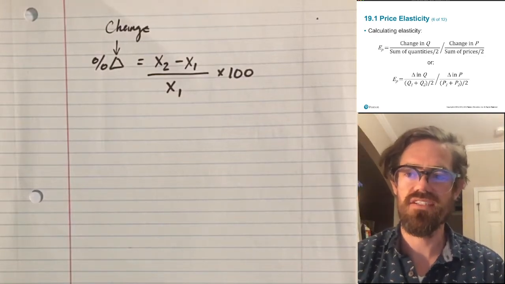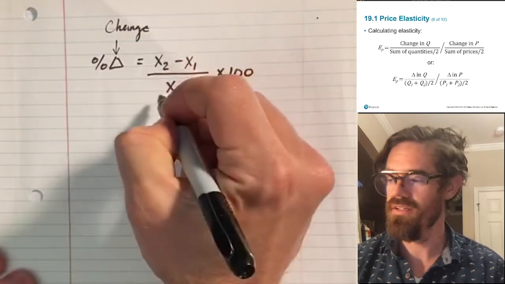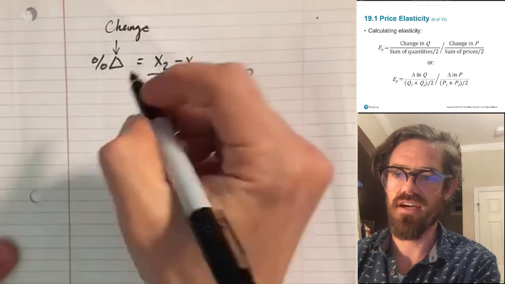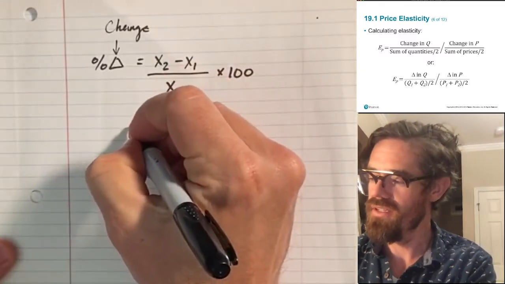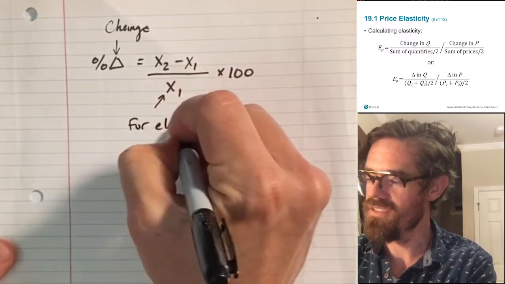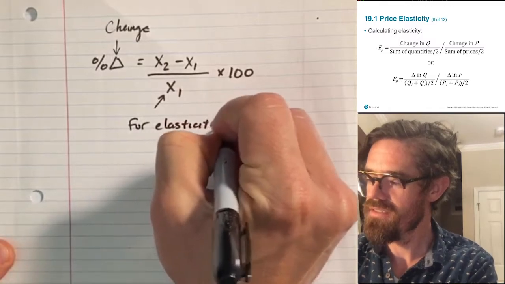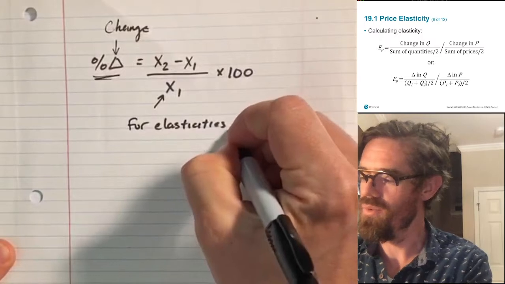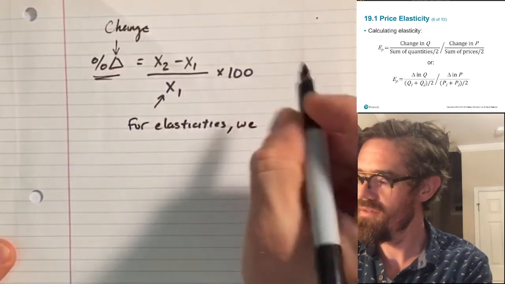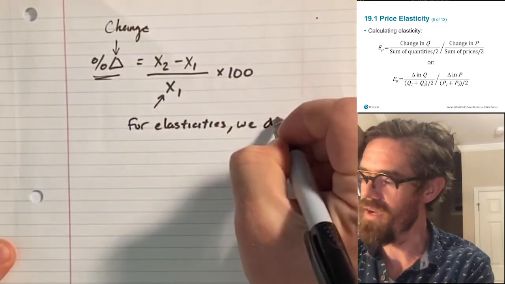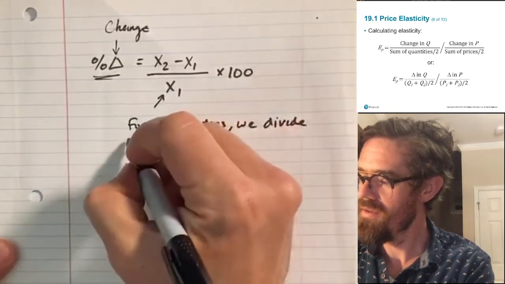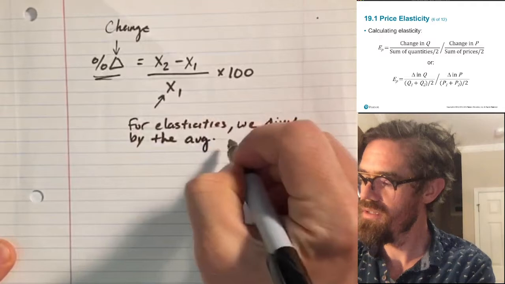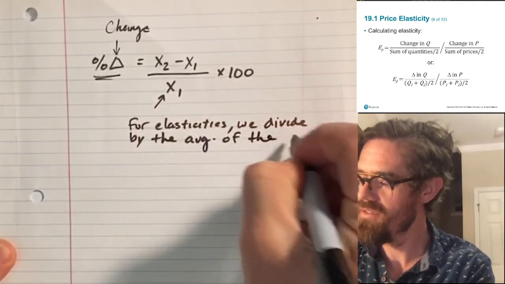Well, with elasticities, we do it a little bit differently. Rather than dividing by the original value, when calculating these percent changes for elasticities, we divide by the average of the two values.